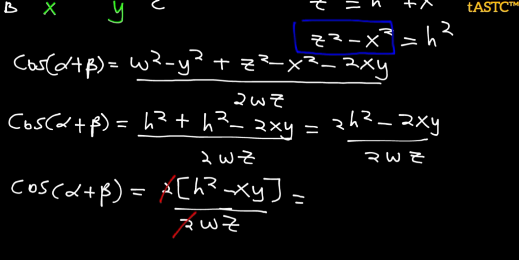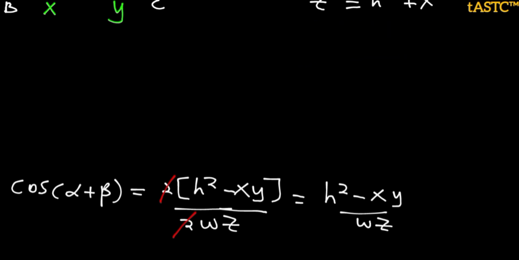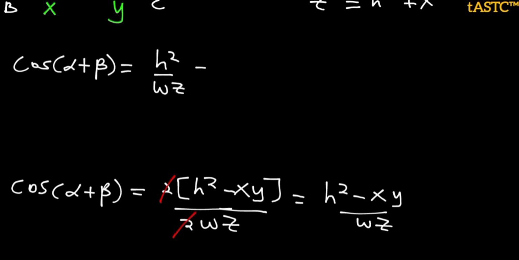So we should just have h squared minus xy all divided by wz. Now as usual, I'm going to split this off. So I should wipe these out now. So we got cos alpha plus beta. That will be equal to h squared divided by wz minus xy divided by wz.